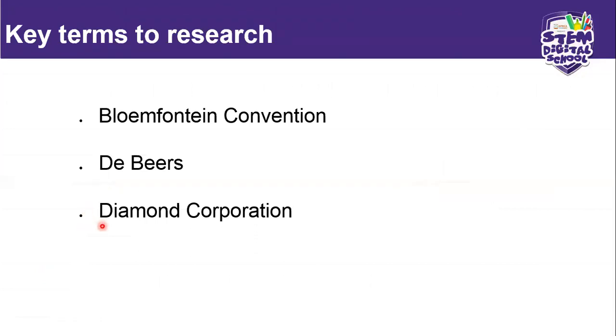And then you research Diamond Corporation, only those 3 terms. So it's Bloemfontein Convention, De Beers, and Diamond Corporation. And then we're going to revise them in the next lesson.